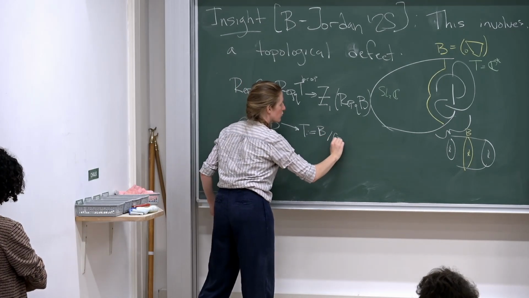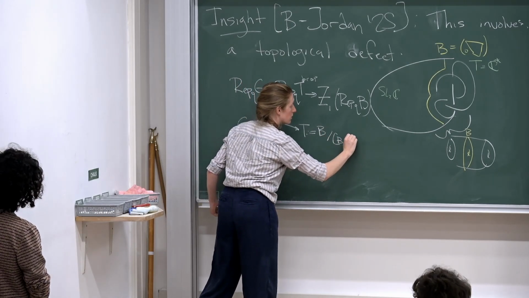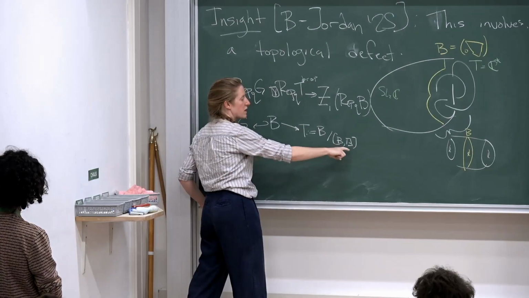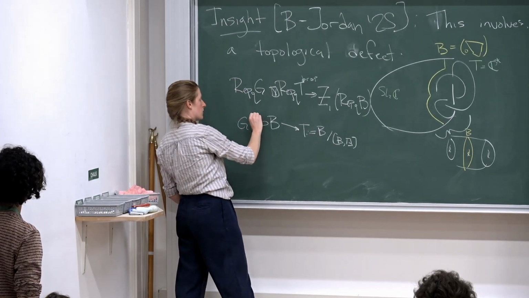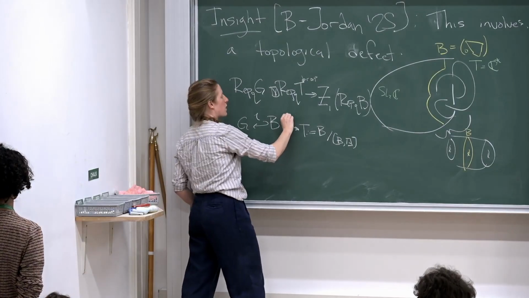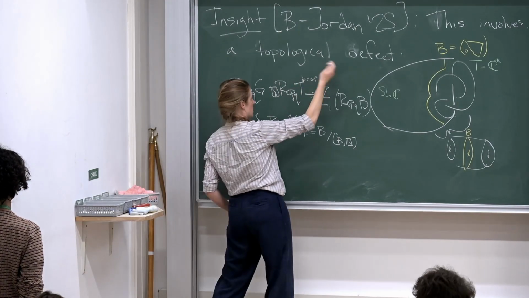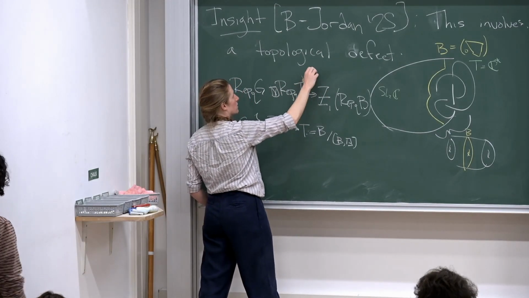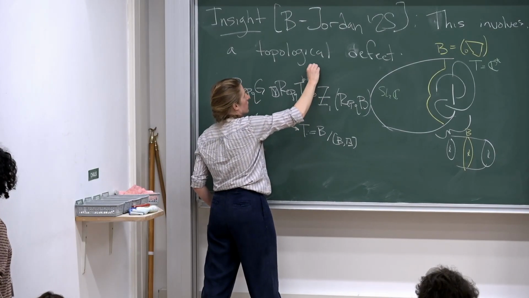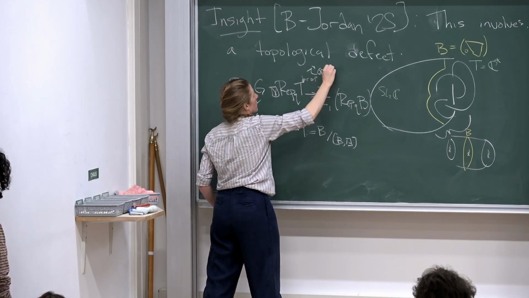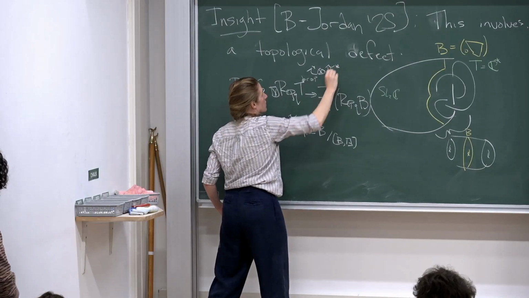If you take your Borel and you make it abelian, you mod out by all the commutators, you get this. And so if this one is iota and this one is pi, our functor is roughly iota star tensor pi star, like that.